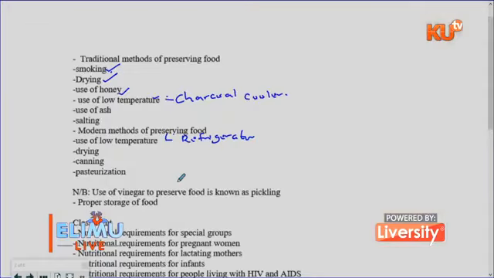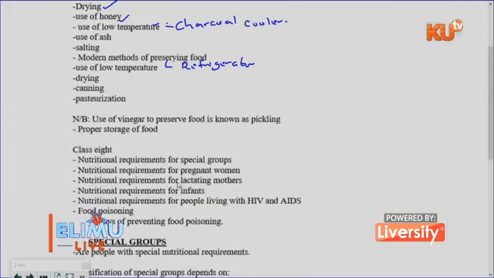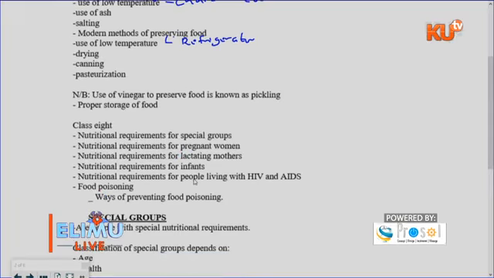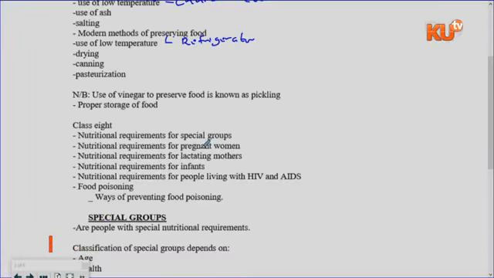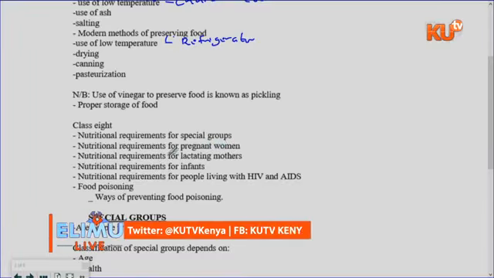And then in Standard 8, we learn now about nutritional requirements for special groups. So under class 8 in this topic in the syllabus, we have nutritional requirements for special groups. And these special groups, we have got nutritional requirements for pregnant women, nutritional requirements for lactating mothers in the syllabus.